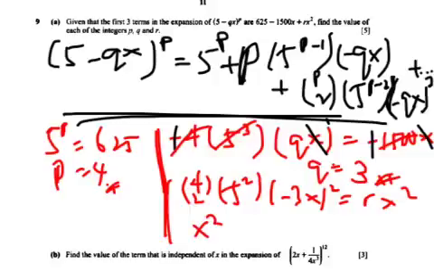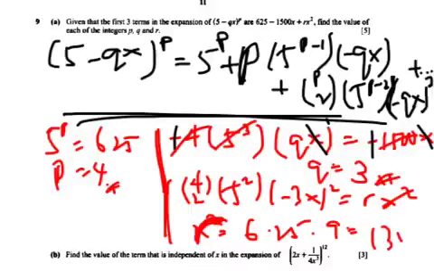So x squared cancels, and r equals 6 times 25 times 9. 6 times 25 is 150, times 9, so it'll be 1350. Okay, so that will be your final answer.